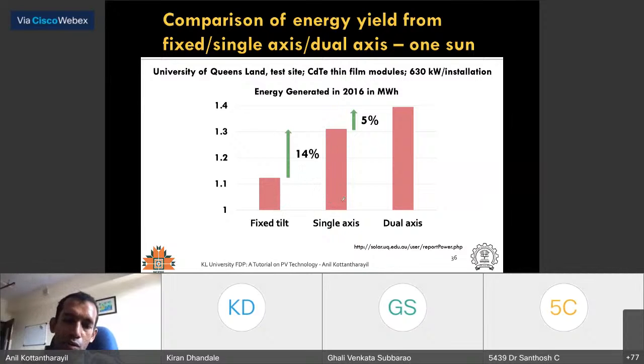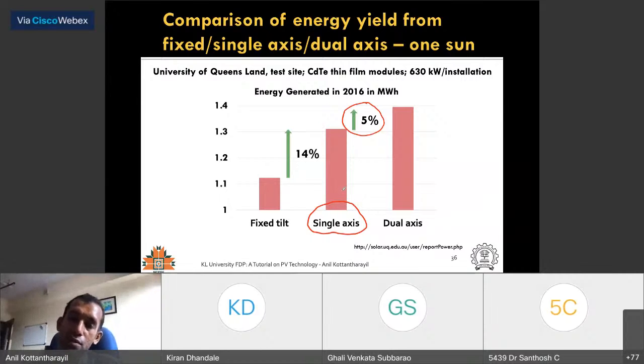As a consequence, this technology is now quite common in large scale installations. Dual axis is a small increment, and you need a strong structure and some motors and controls to rotate it.